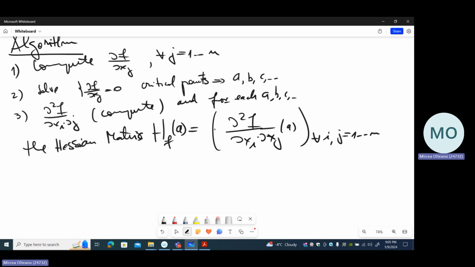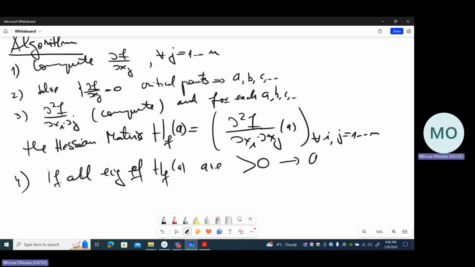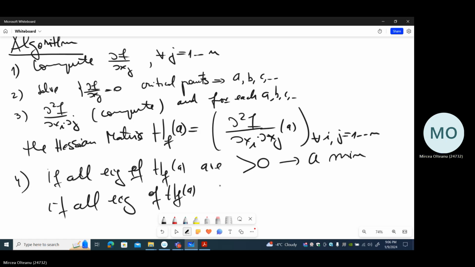And now, by using the Hessian matrix, we can decide the nature of each critical point. So, first, if all eigenvalues of the Hessian matrix are strictly positive, A is a minimum, a local minimum. If all the eigenvalues of the Hessian matrix are strictly negative, then A is a maximum, a local maximum.